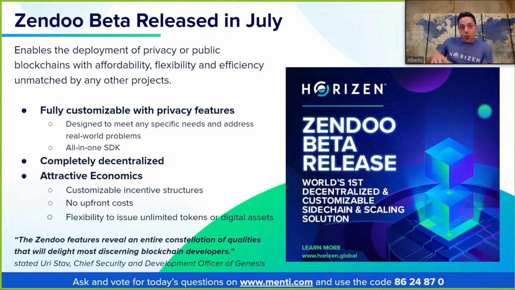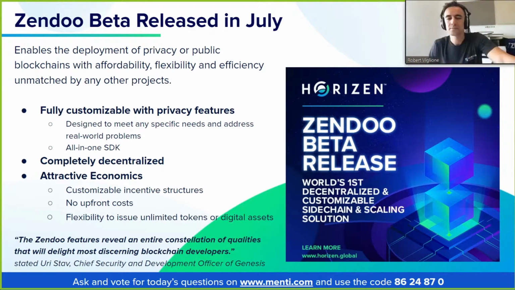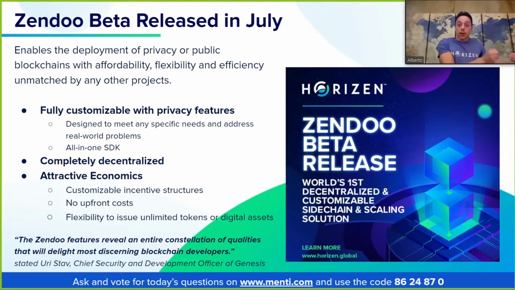So the Zendoo Beta release on the main chain side already implemented the verification of the certificate by verifying the proof that was passed along with the certificate itself, validated using the snark verification key that was associated to the sidechain in the sidechain declaration transaction that we described previously. So this is a key element that was already part of the Zendoo Beta release that we had in July.